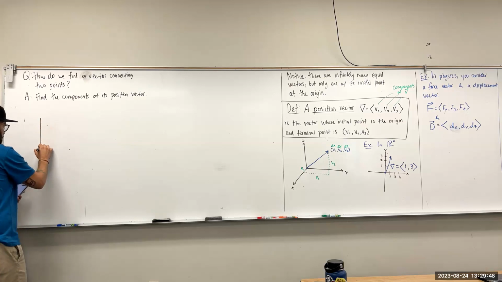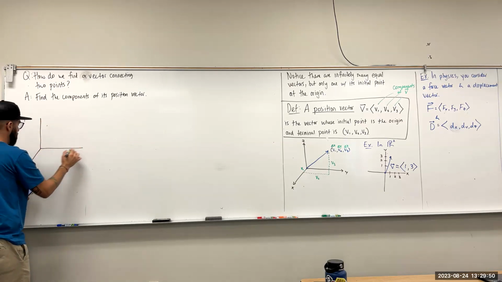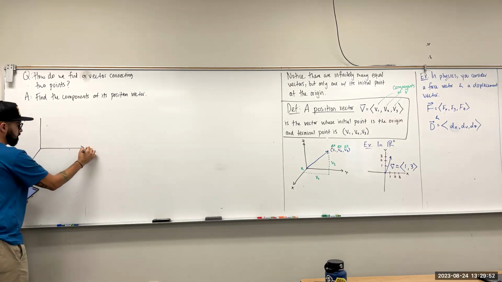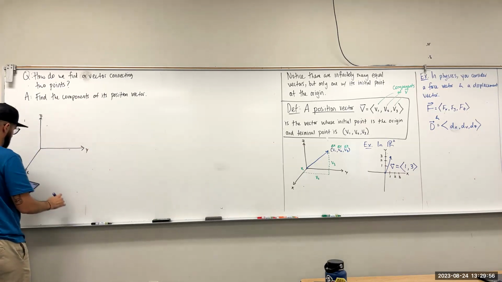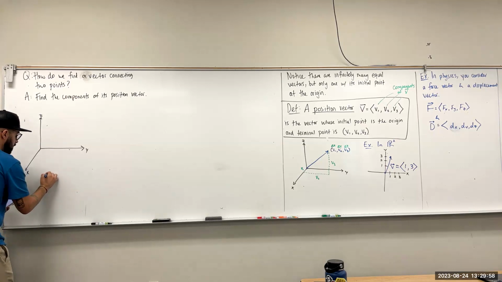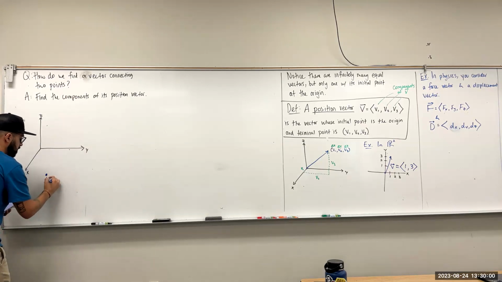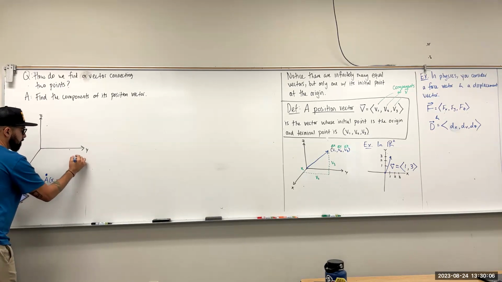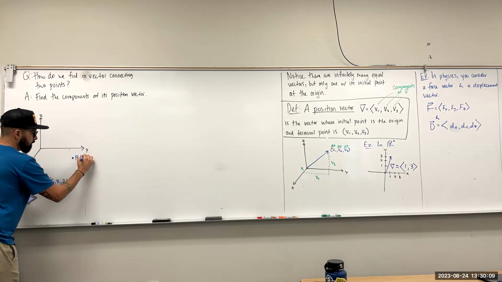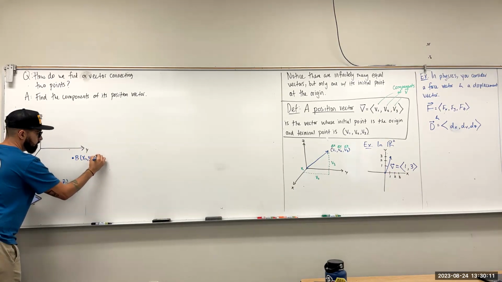So in your notes, draw a nice little R3 here, nice and big, so that you can label it in your notes. And let's say point A is here and has coordinates x1, y1, and z1. And point B is somewhere over here that has coordinates x2, y2, and z2.